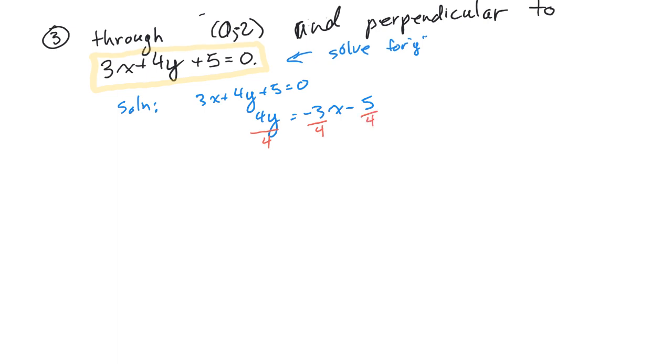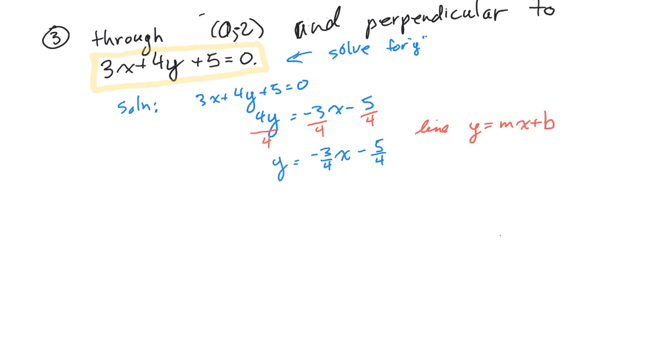So now we're left with y is equal to negative 3 over 4x minus 5 over 4. Based on our original equation for a line, y is equal to mx plus b, that's our original equation of the line.